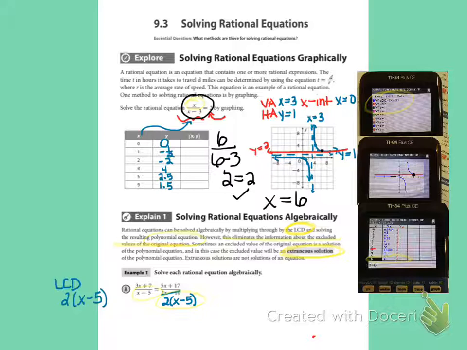So what I'm going to do is take each one of these terms. I'm going to actually rewrite this. This helps a little bit to stay organized. And next to each one of them, I'm going to multiply by 2 times x minus 5. So the left-hand side I'm going to multiply by that.